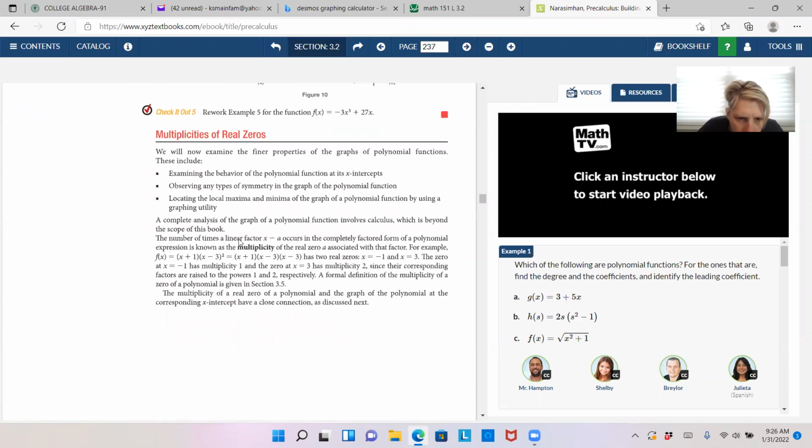The number of times a linear factor x minus a occurs in the completely factored form of a polynomial expression is known as the multiplicity. Their example here says x plus 1 times x minus 3 squared. x plus 1 has a multiplicity of 1, so x equal to negative 1 is one of the zeros, and x minus 3 squared, see that when you factor it, it happens twice. So it counts as 2 of the zeros.